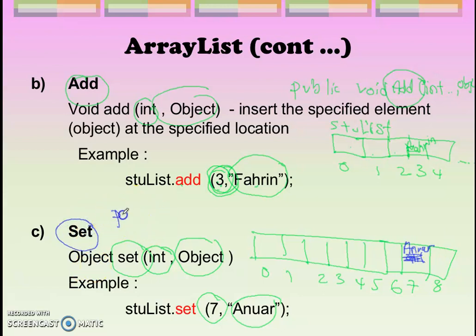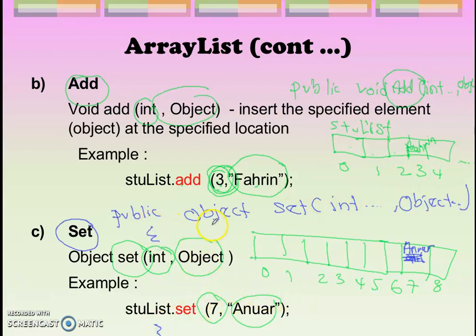So nama method dia sepatutnya public Object set, integer apa? Accept as integer, satu lagi object. But once we have Java package, we do not need to define this method because it is already provided by Java package.